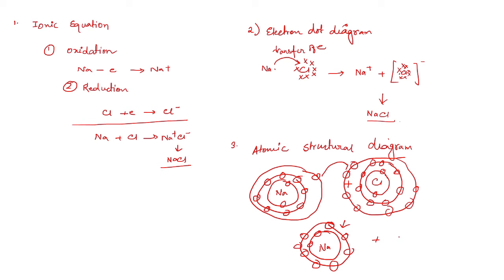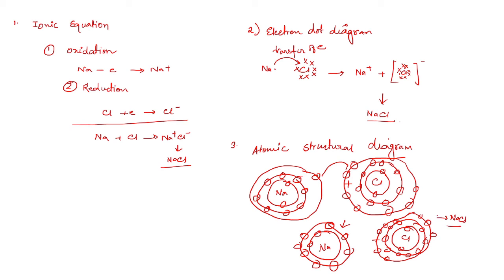Chlorine will also have the same thing, 1, 2, 3, 4, 5, 6, 7, 8, and it will form NaCl.